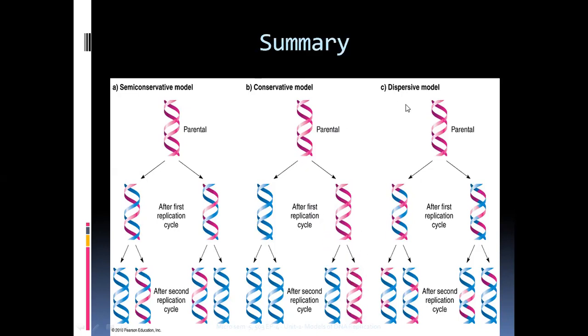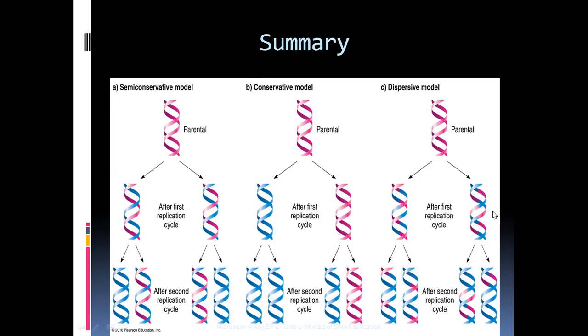And if you discuss the dispersive model, after the parental replication, you will see that after the first cycle, a few of the things are here. Suppose you consider this pink as parental, you will see some pink over here, but it is never possible that the same things will come over here. So it is dispersive, it is scattered in manner.